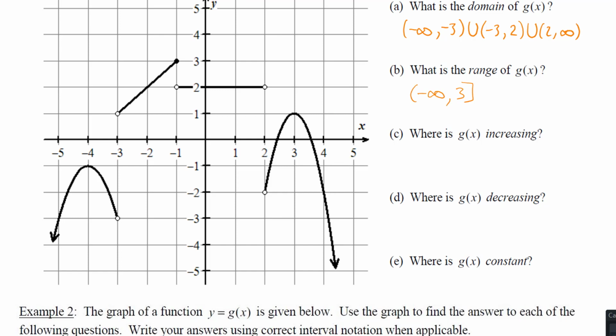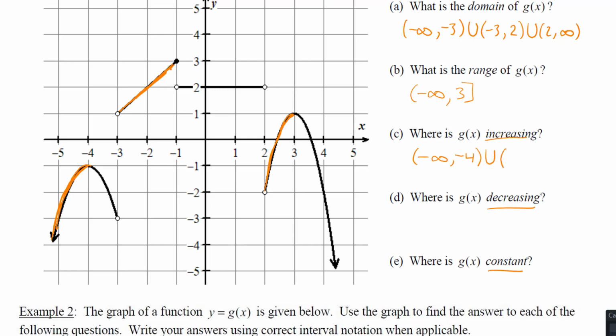Okay. Now for the increasing, decreasing, constant. Increasing, let's look at the graph, move left to right. We're increasing on that part. We're increasing on that part, getting bigger as we move left to right. And we're increasing on that part, using the open intervals. So hence, we're going to be increasing from negative infinity all the way up to negative 4, not included.